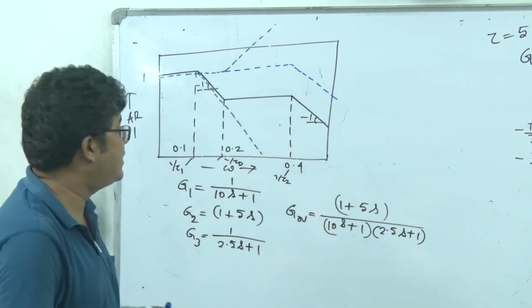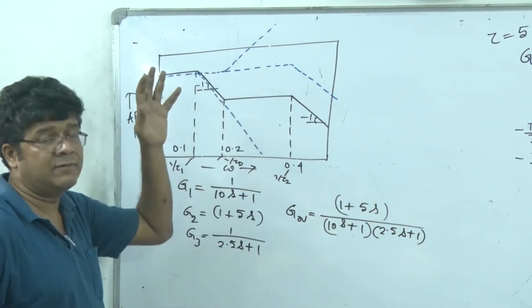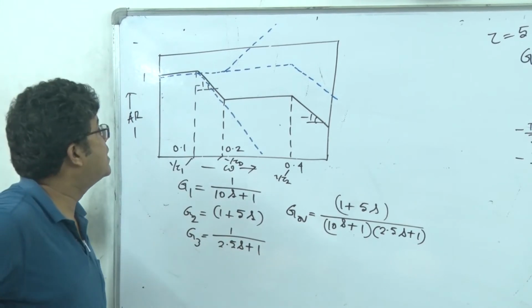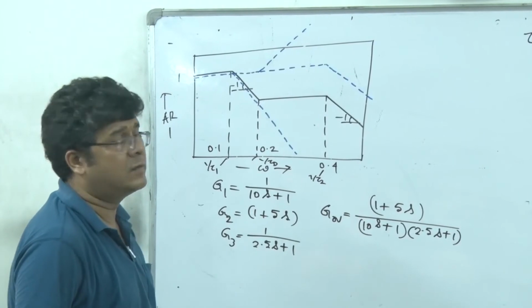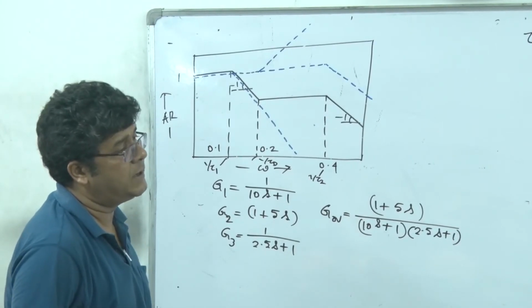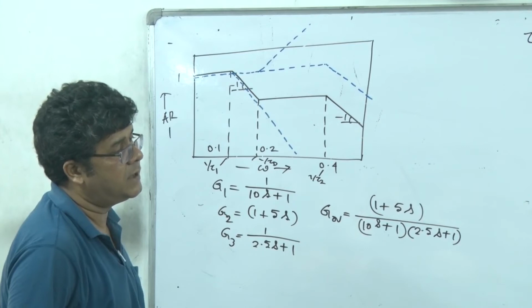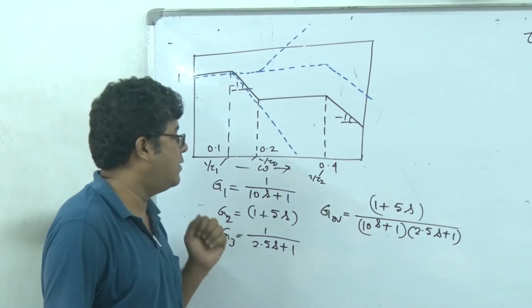So in solving this problem, you have to remember the individual asymptotic plots of elementary systems like first order, second order, PD controller, PID controller, PI controller, dead time, everything.